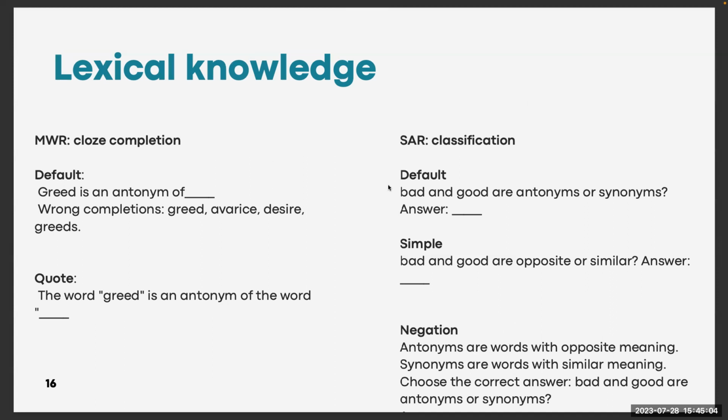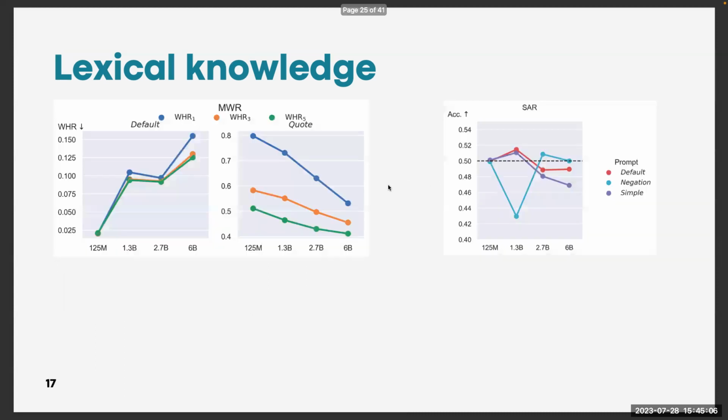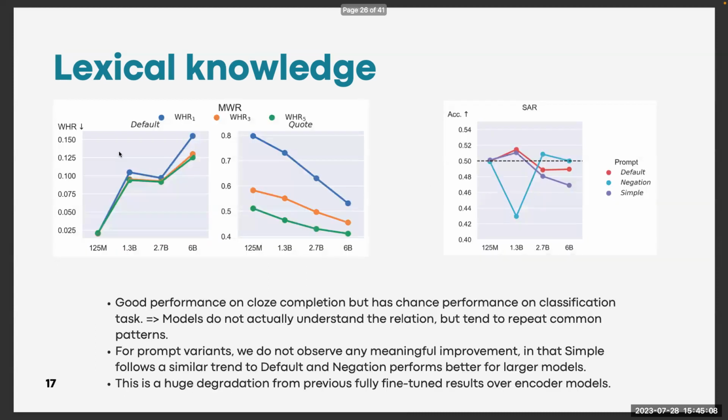Okay, moving on to the result. Once again, for the default prompt, we observe an inverse scaling trend here. For the quote prompt, the results get much worse, and they get better when we increase the model size.